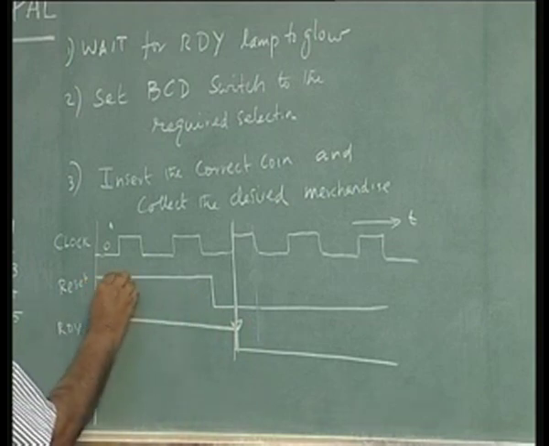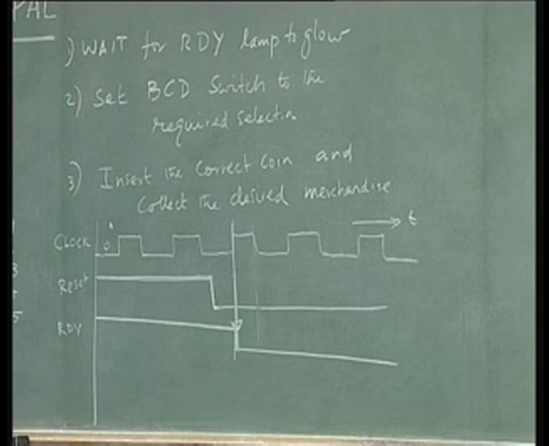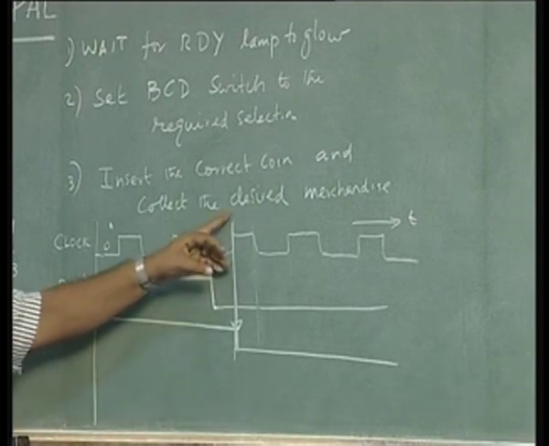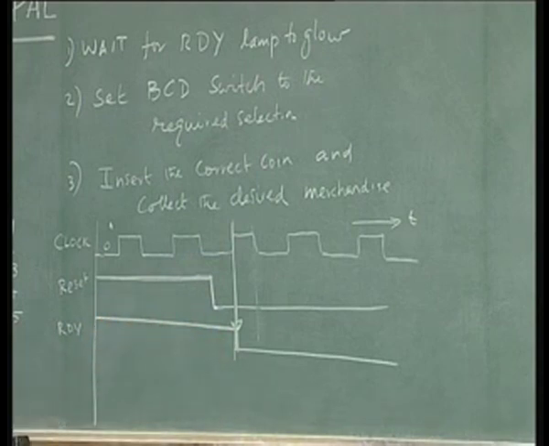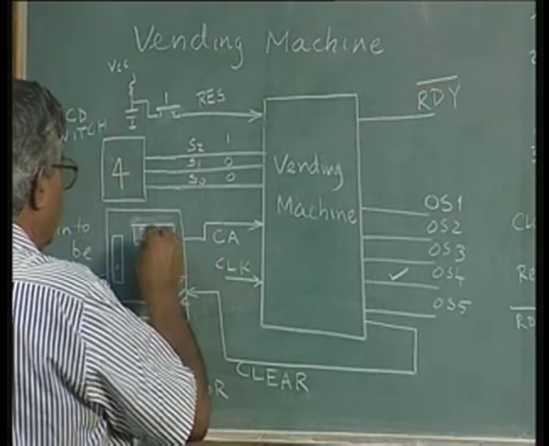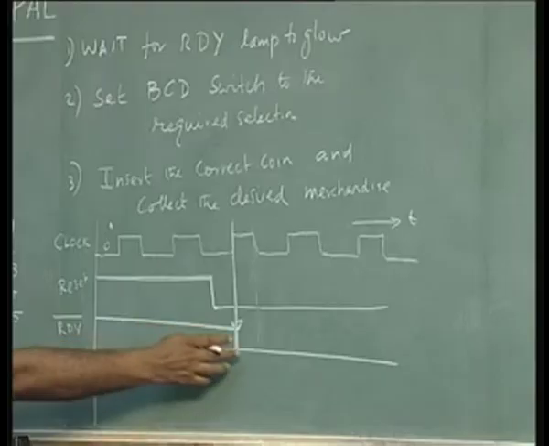Even though my reset has gone low here, only at the next clock edge will my ready signal be available. I am going to call it ready low, it does not matter. So, ready low will indicate the lamp. The lamp will glow whenever it is low, that is all right.